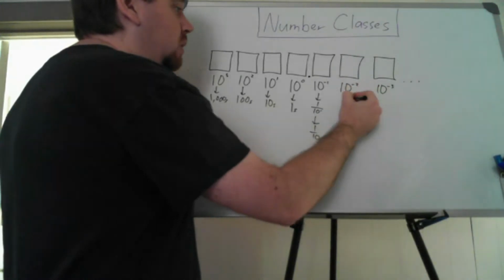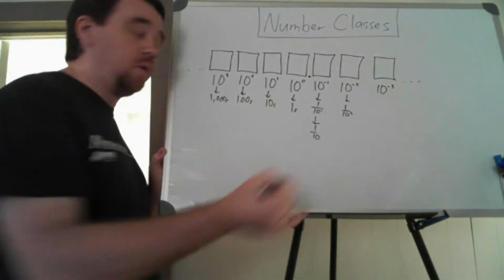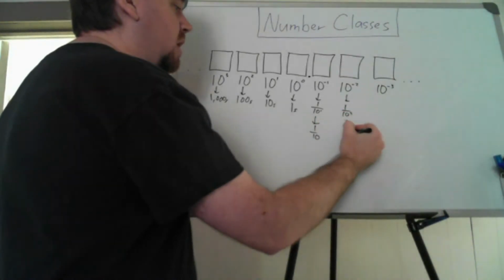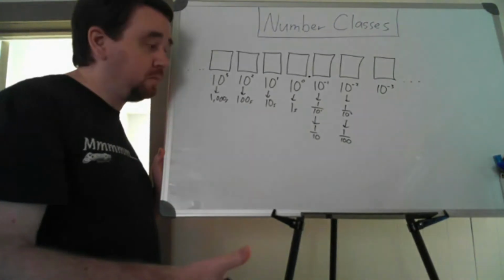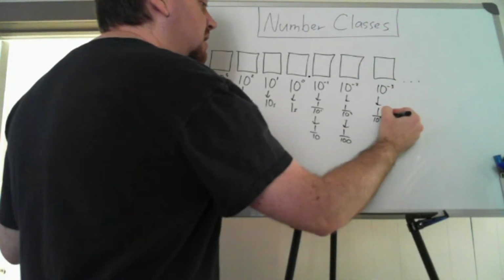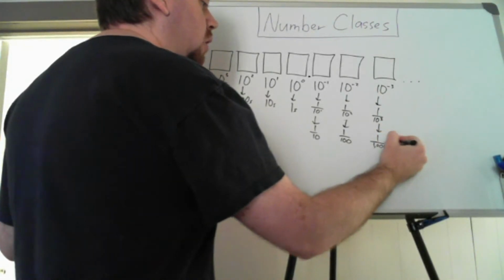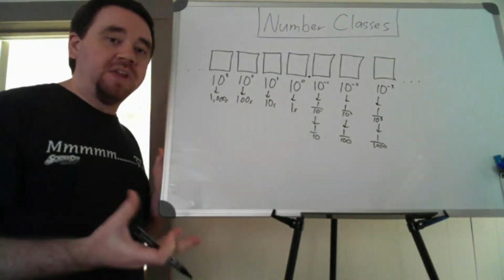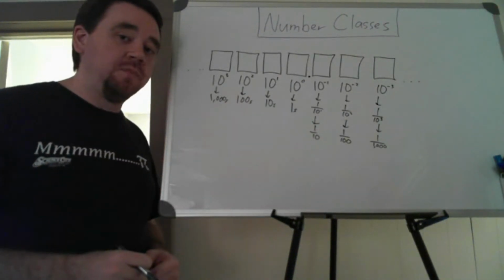And this is really 1 over 10 squared, and 10 squared is 100, so it's really 1 over 100, or the hundredths place. And likewise, 1 over 10 cubed, which is 1 over 1,000, or the thousandths place. And that's where that naming convention comes from.